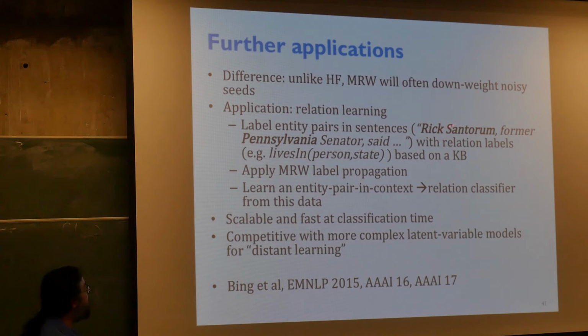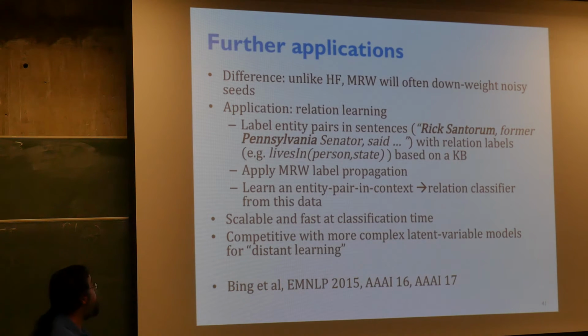That's not necessarily true, right? Just because he's a former senator, maybe this doesn't really mean that he lives in Pennsylvania. This could have been "born in", which clearly is not necessarily true. So if you start with a knowledge base and use it to label sentences, you have noisy labels.